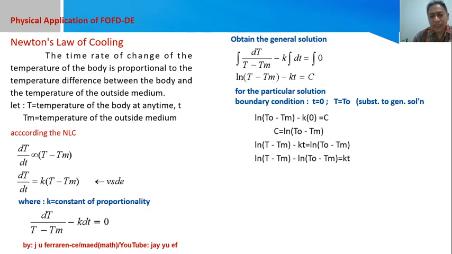Substituting back to the general solution, I obtain ln of T minus T sub m, minus kt, equal to ln of T sub 0 minus T sub m.